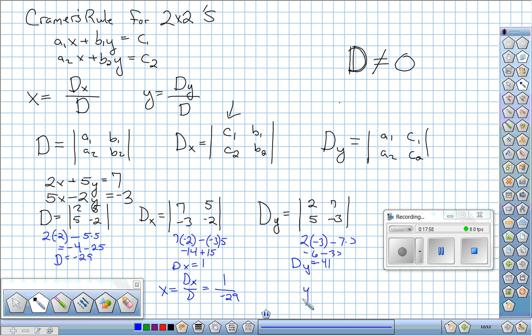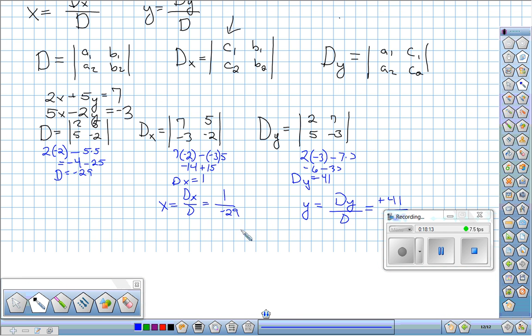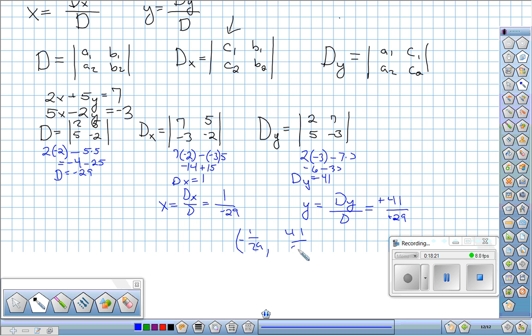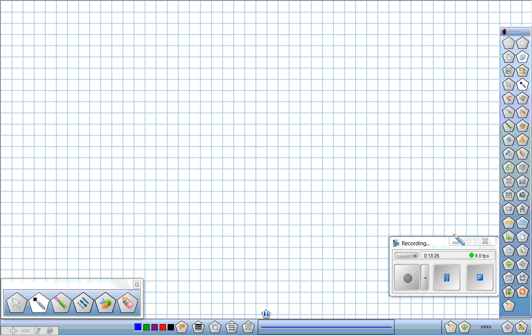My y is equal to dy over d. dy is negative 41 over negative 29, and that would make those guys positive. And then I could write it as an xy pair if I wanted to. So I have negative 1 over 29 and 41 over 29. You might have thought that looked really dirty.